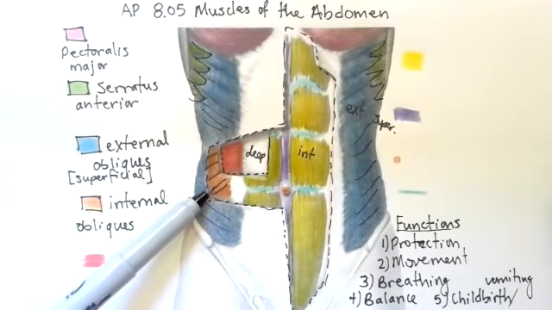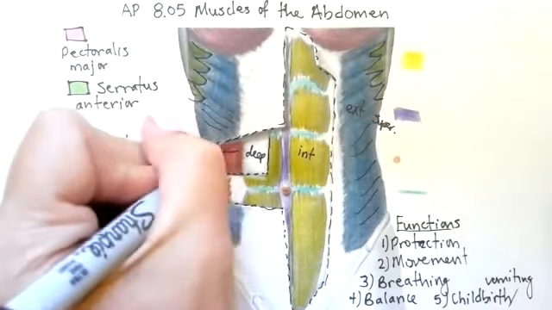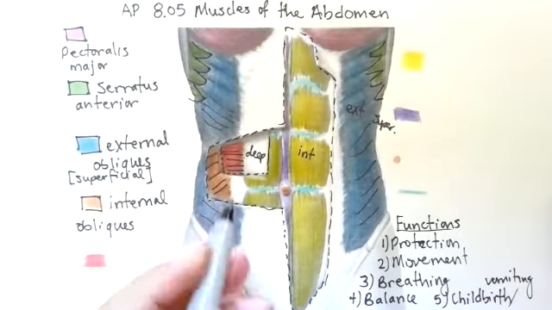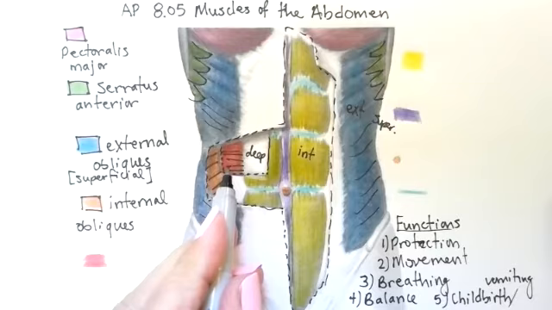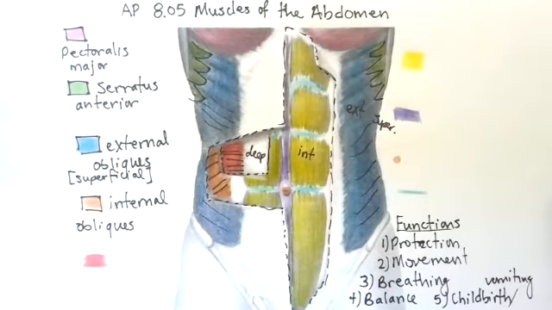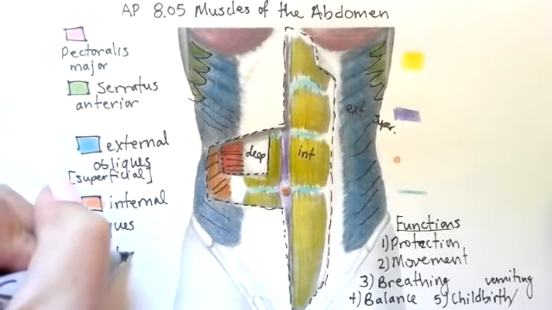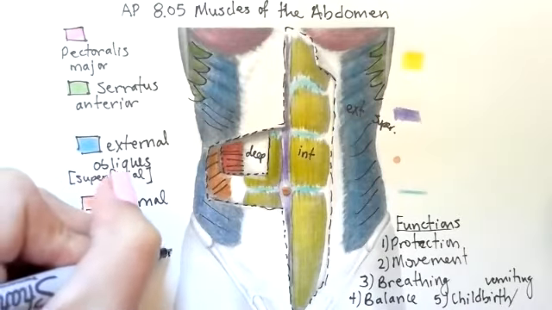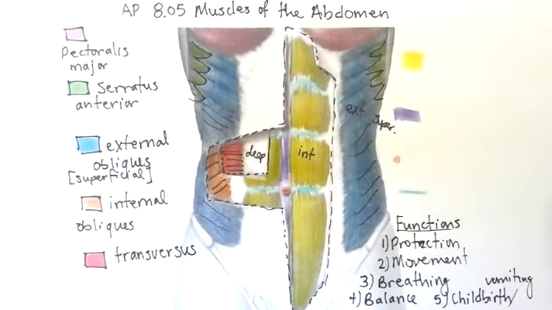Having the muscles oriented in different directions gives us increased strength. And you'll notice this deep layer, the fibers go horizontally across the abdomen, or transverse. And that's why this deep layer is called the transversus.